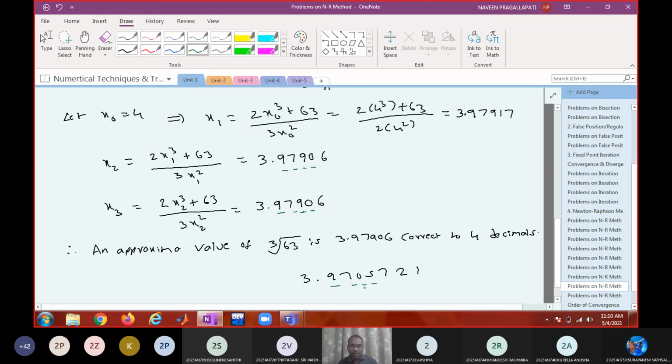So definitely the first 4 decimals, 9790, match the exact value, correct to 4 decimals. Shall I proceed?